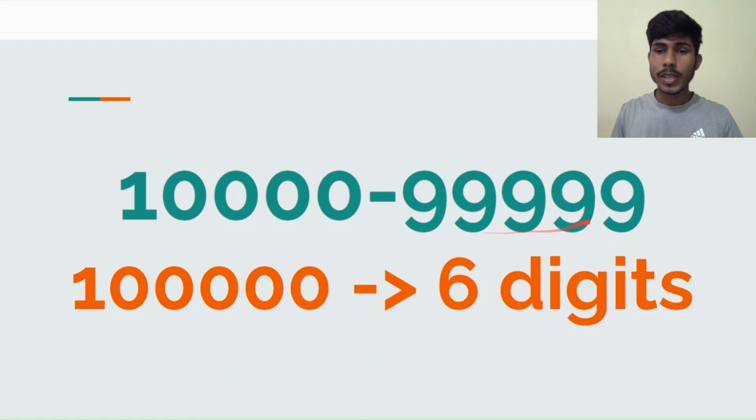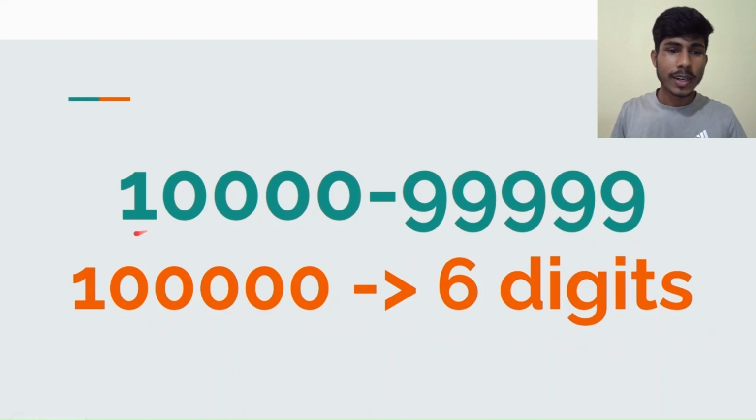And the next number will be 1 lakh or 100,000. And you can see here it has 6 digits: 1 and 5 zeros. This is 100,000 or 1 lakh.